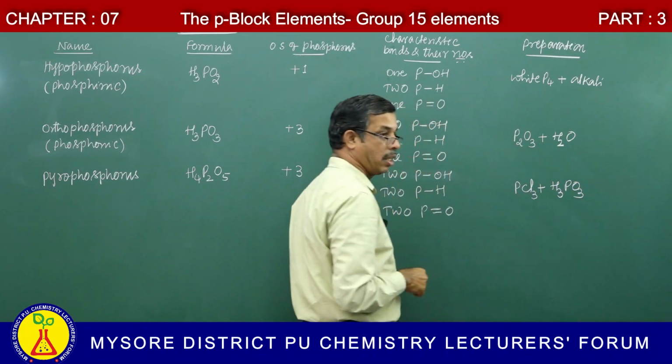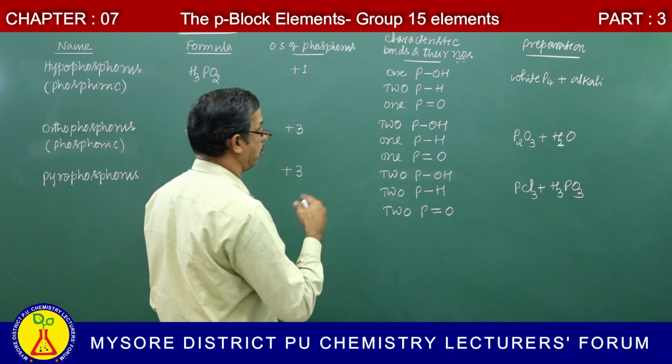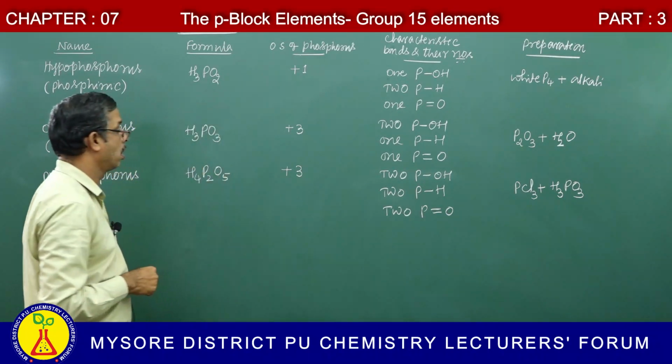When PCl3 is treated with orthophosphorus acid, we obtain pyrophosphorus acid.